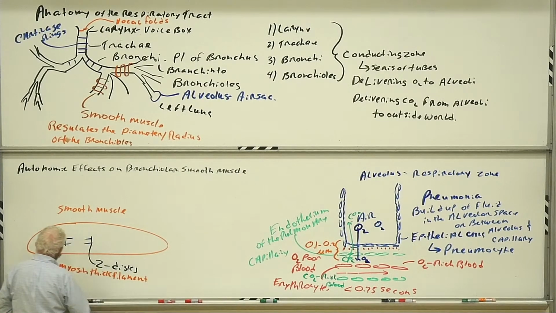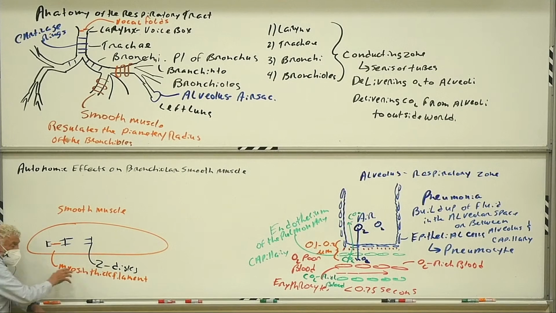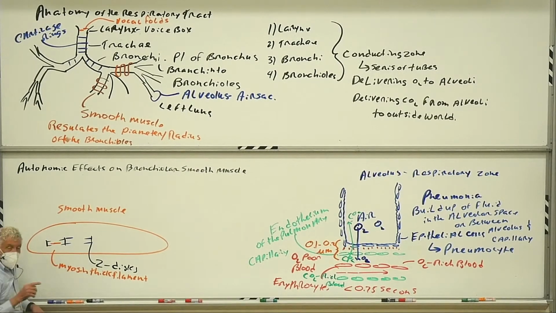If we got down into the weeds of this, we'd find that the myosin thick filaments have myosin whose characteristics are different from what we saw in skeletal muscle, and the thin filaments have differences as well.